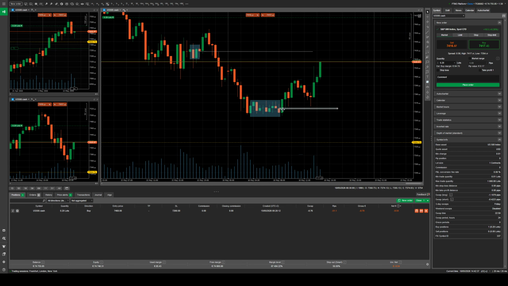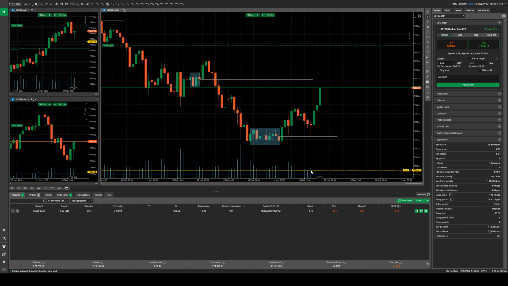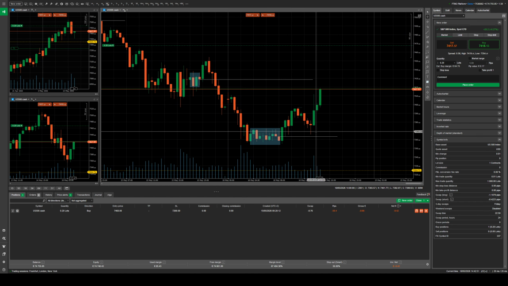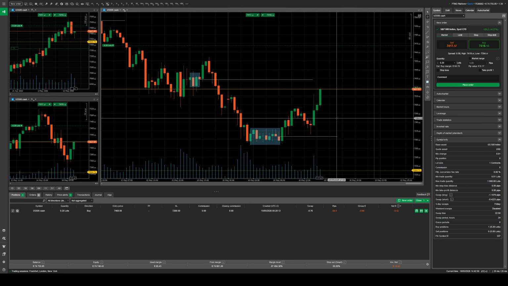But it didn't. It respected the central line, so it respected the fair value here with a little bit more volume than the previous candle, and then aggressively pushed up and was rejected, and now it's rallying again.